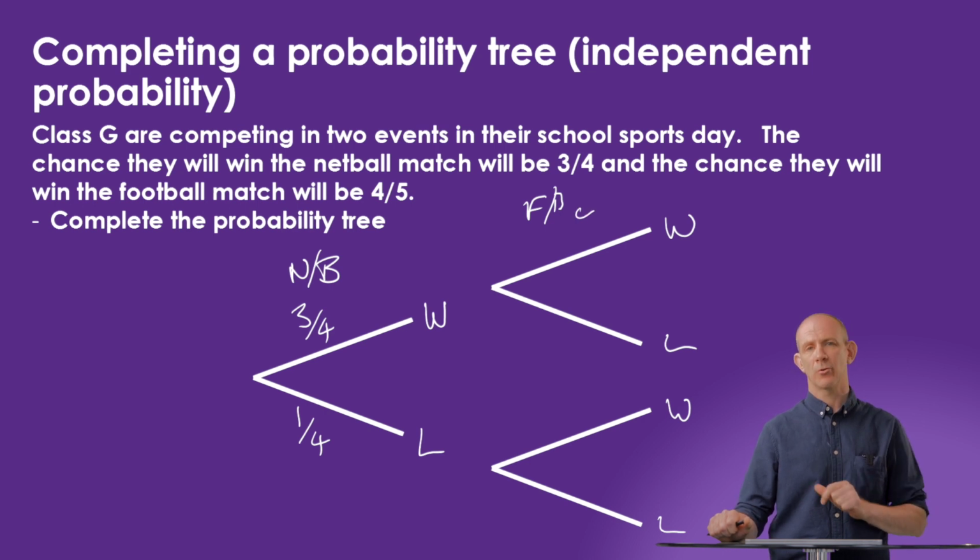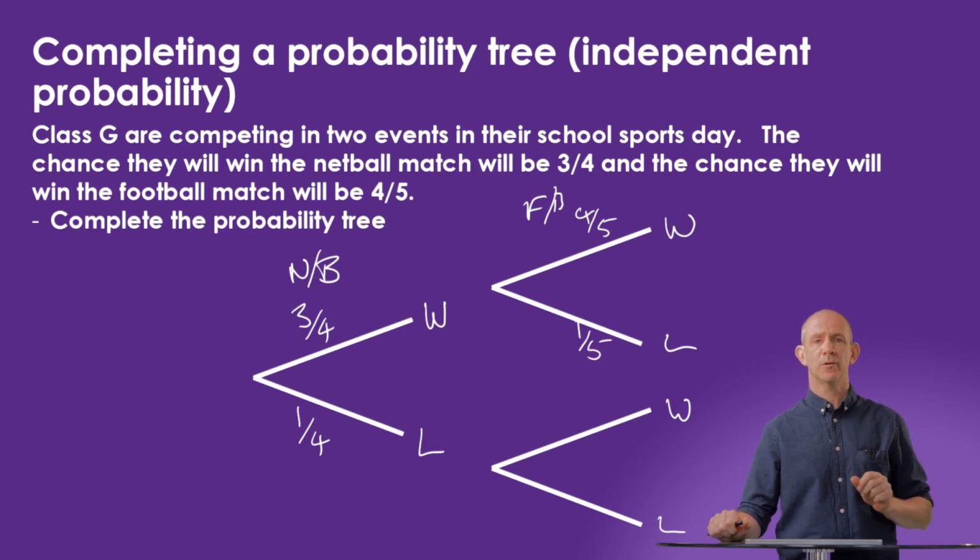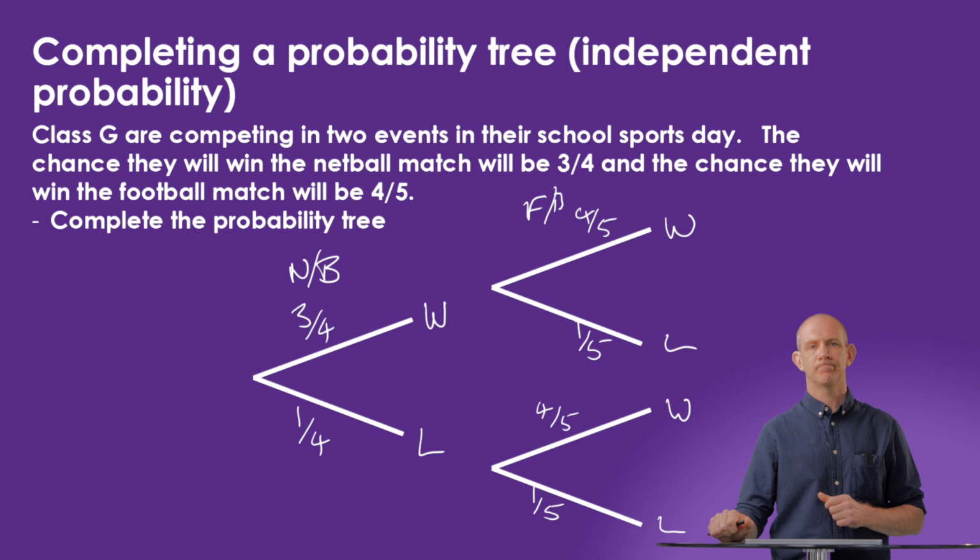We can write that on the lower arm. The chance of winning the football is 4 over 5, so the chance of losing the football match would be 1 over 5. And we can write that in for both sets of the football branches, as the outcome of the netball match has no bearing on the outcome of the football match. We've now completed the probability tree.